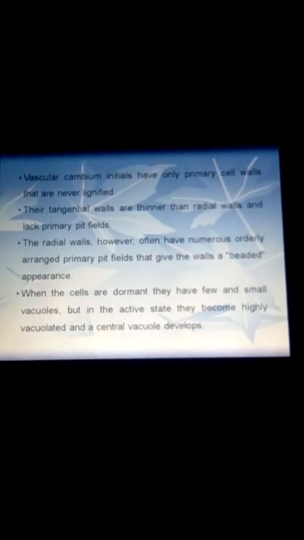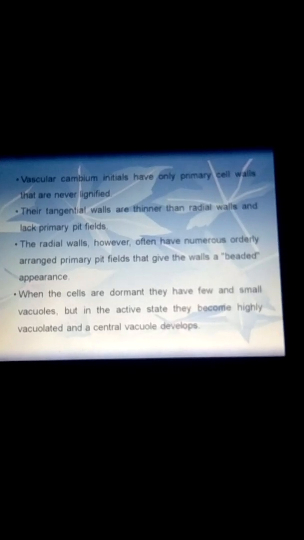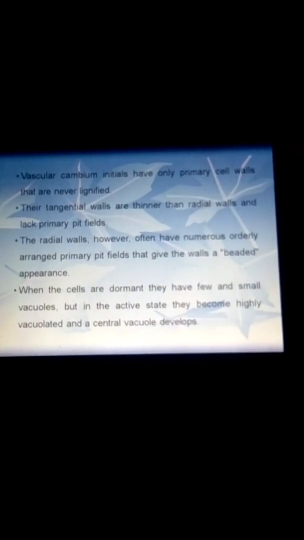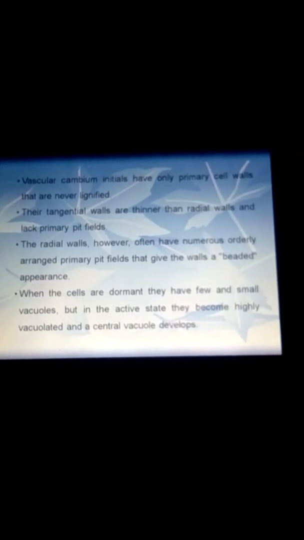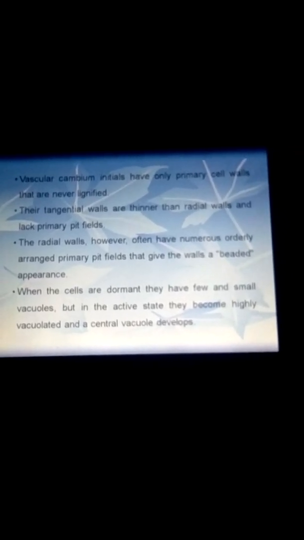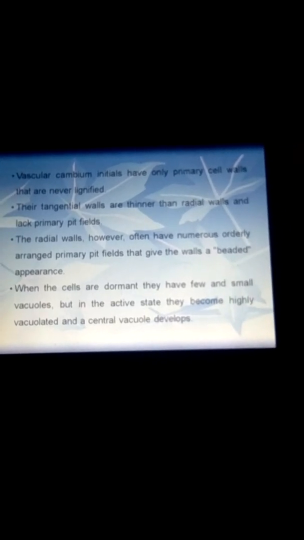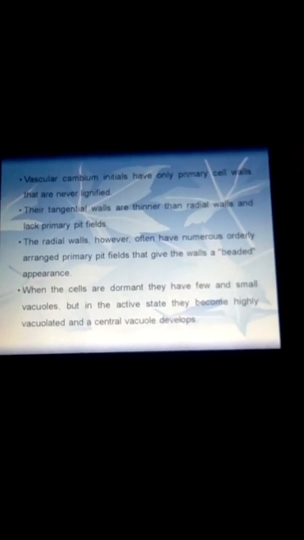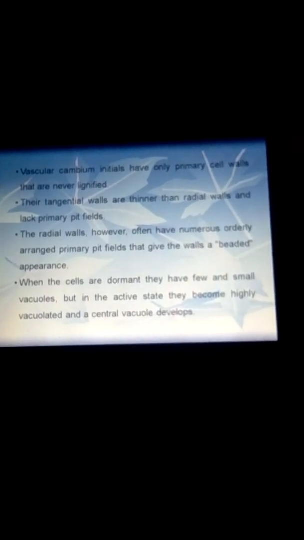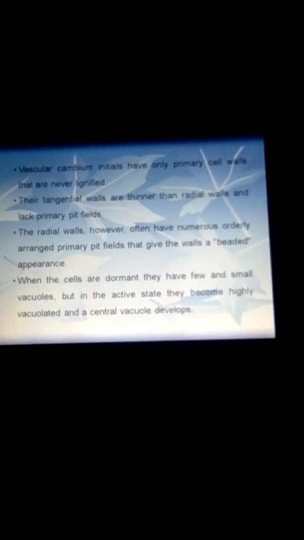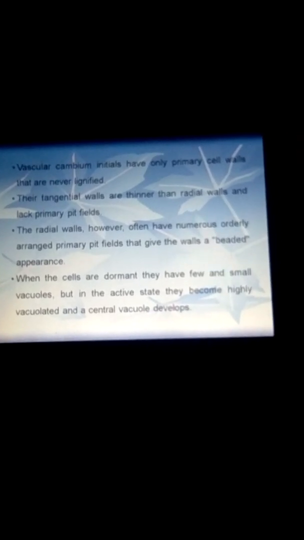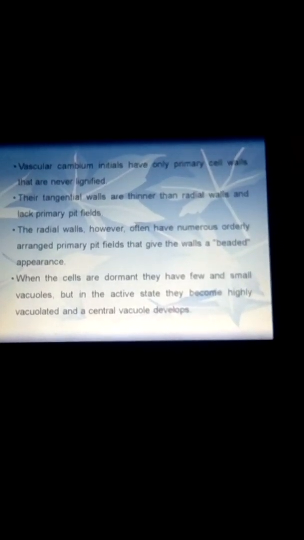The tangential walls are thinner than the radial walls and lack primary pit fields. The radial walls, however, often have numerous orderly arranged primary pit fields that give the walls a beaded appearance. When the cells are dormant, they have few and small vacuoles, but in the active state they become highly vacuolated and a central vacuole develops.